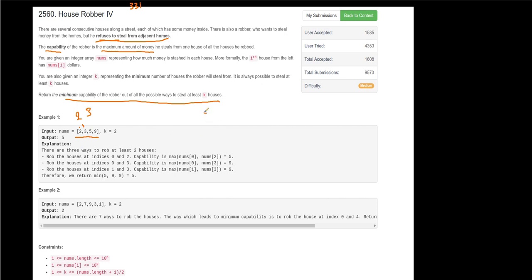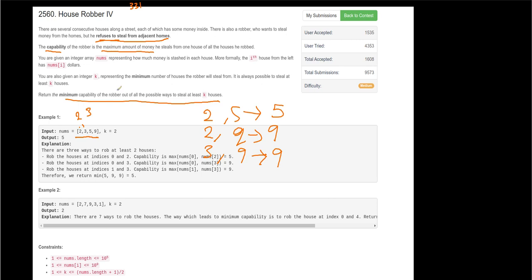He can steal 2 and 5, which is the first house and the third house, and the capability will be 5, which is the maximum of these 2 numbers. Another choice is to steal the first house and the last house. The capability is the maximum, which is 9. Another choice is to steal the second house and the last house, and the capability is 9.